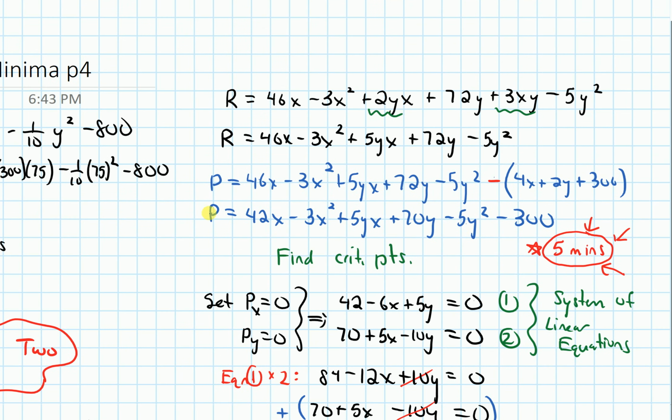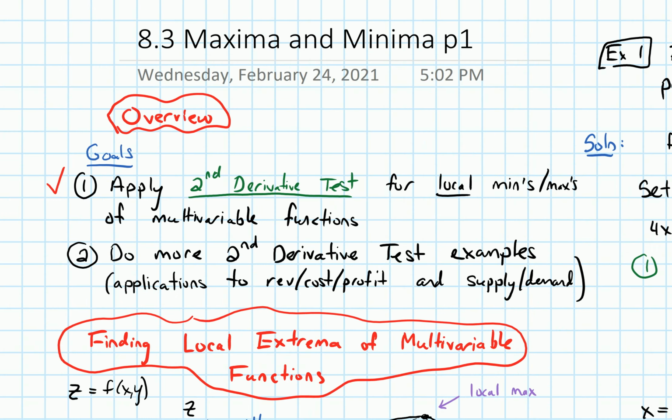So in terms of our goals for this section, we have finished our last goal, which is doing more second derivative test examples that apply to scenarios involving profit, cost, revenue, and demand.